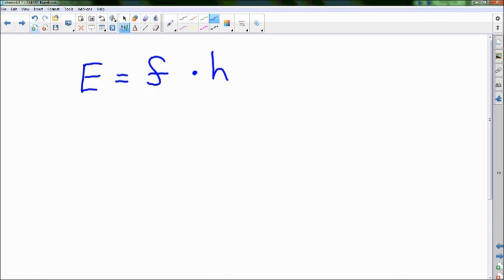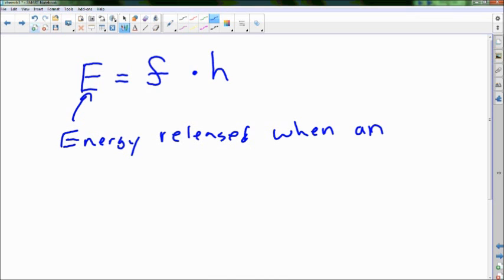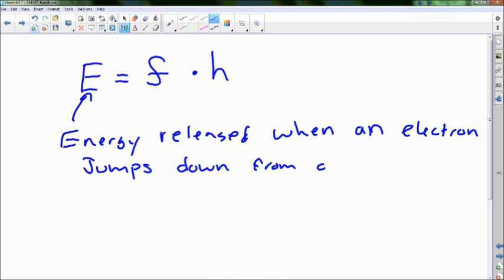So this is just really a three-part equation where E is going to be the energy released when an electron jumps down from one energy level to another.